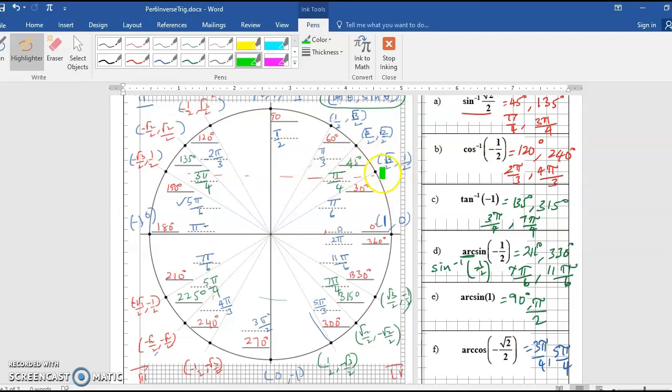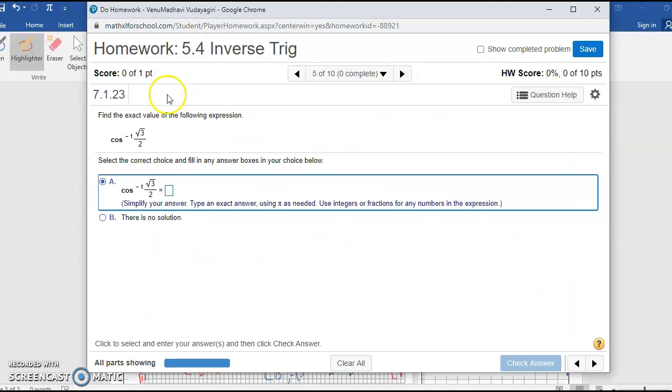Square root of 3 over 2 is at pi over 6, right? That's a positive angle. The range for inverse cosine is from 0 through 180, meaning you're looking at the first and second quadrants. So it is definitely positive at pi over 6. So your answer here in MathXL is pi over 6.